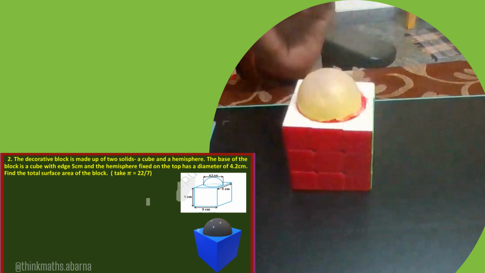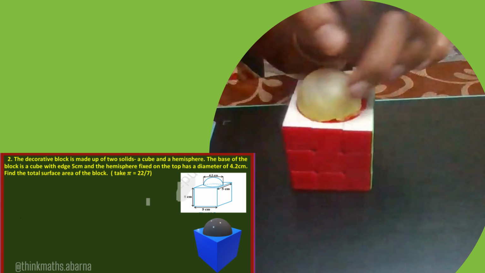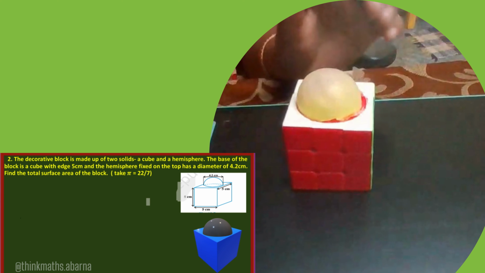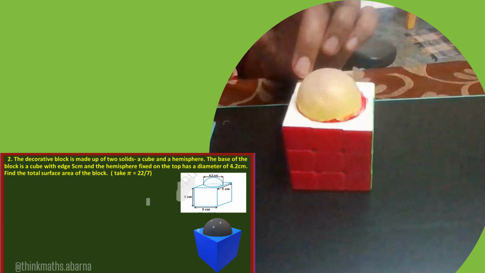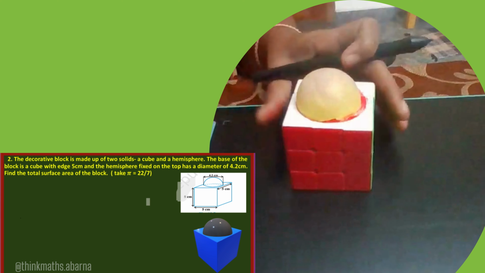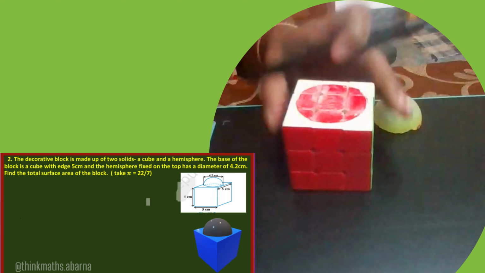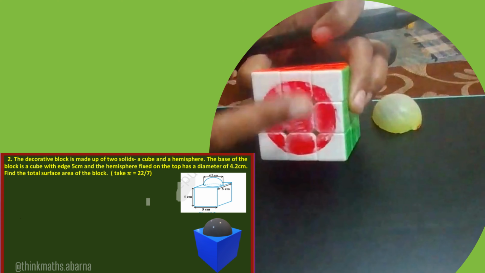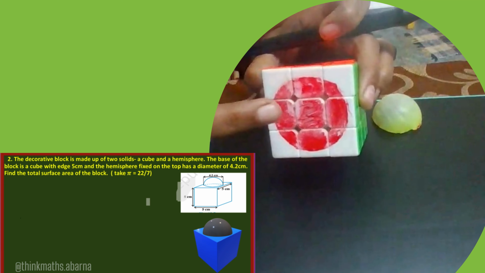If you place this hemisphere on top, this base area of the hemisphere is not included in the surface area of the cube. So we have to subtract this base area from the surface area of the cube.